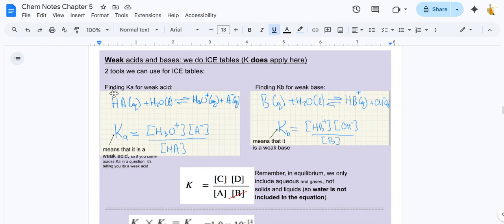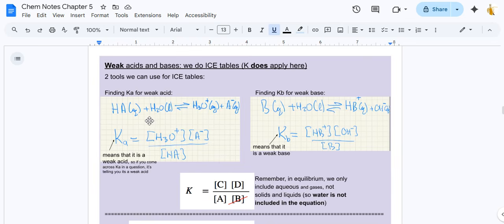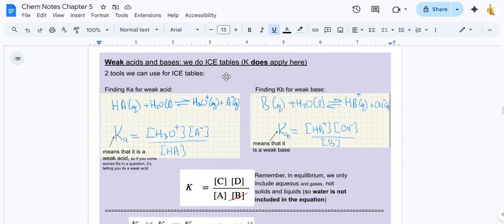So you probably learned this formula in the last chapter or the second to last chapter, which is finding the K value of something. And we need to find the K value first for weak acids and bases in order to find pH of something.